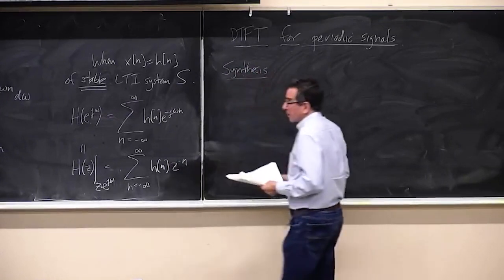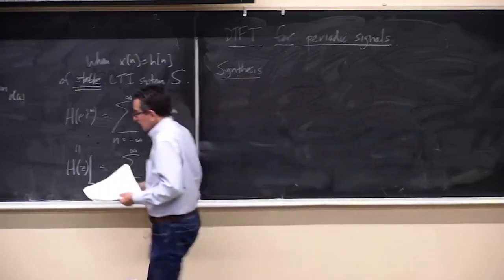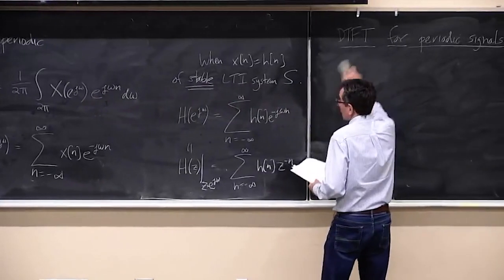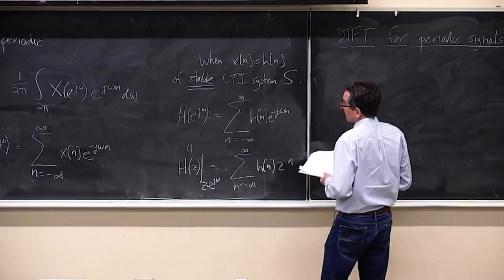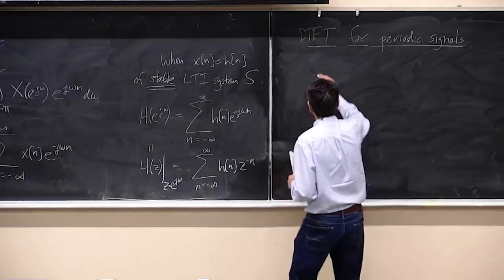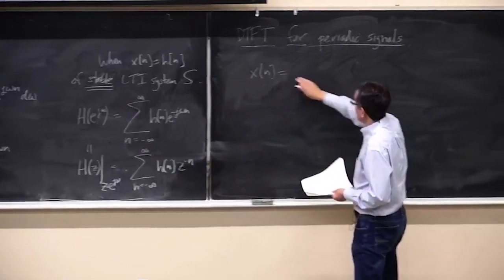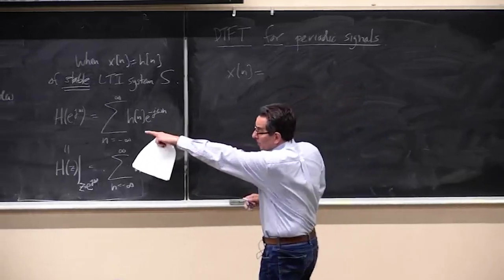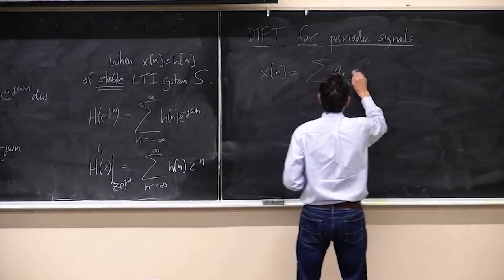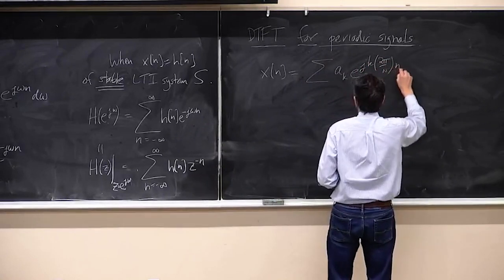We already know something about the structure of our periodic signal, so we want the synthesis equation to be valid. We know it's periodic, so we already know how to write it: the sum of a sub k e to the jk 2 pi over n times n.